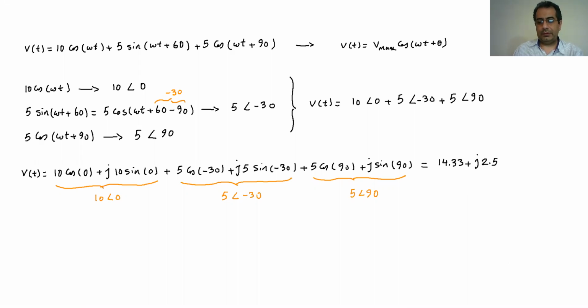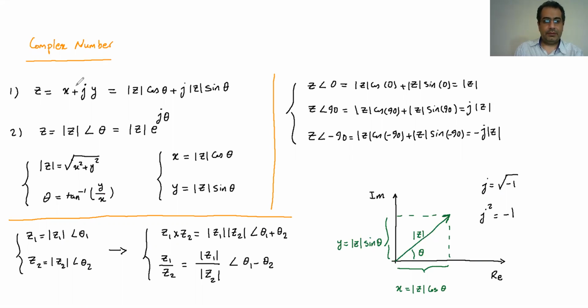So let me go back again. What I have here is the rectangular format, and I want to convert it to polar format using these two equations.